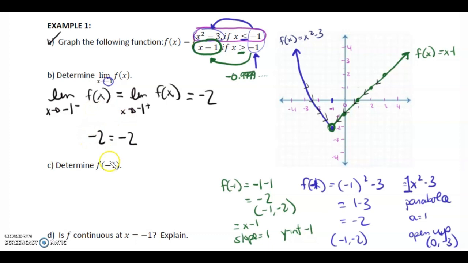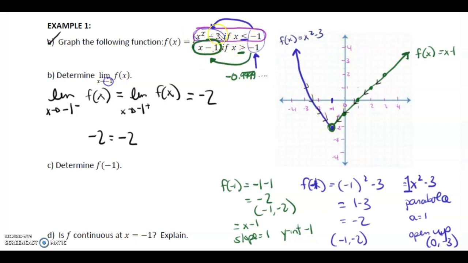Okay? Now, C asks, determine f at -1. So in this case, we already subbed -1 into both parts of this function, just to estimate the graph.